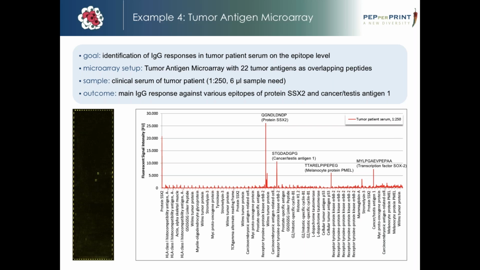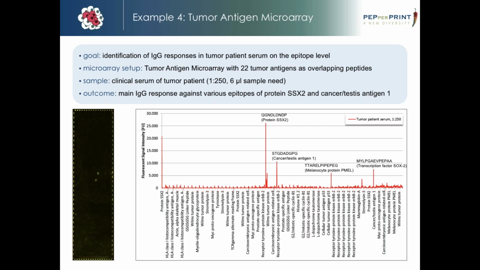So in this case study, this array was tested with a clinical sera of a tumor patient, and we were able to identify strong IgG responses against epitopes of 2 tumor antigens, and the response against SSX2 actually exhibited a polyclonal character with multiple epitopes. As with other customer standard tumor antigen microarrays, this approach can be used to identify prognostic cancer epitopes for non-invasive or early cancer diagnosis or for patient stratification.